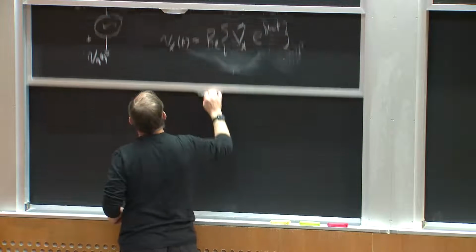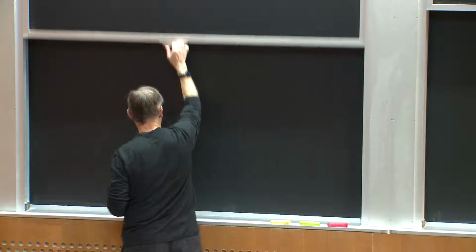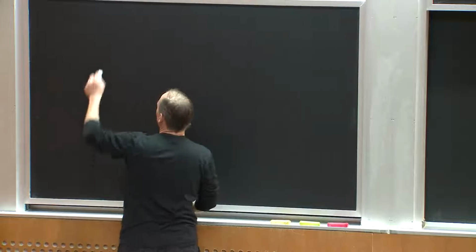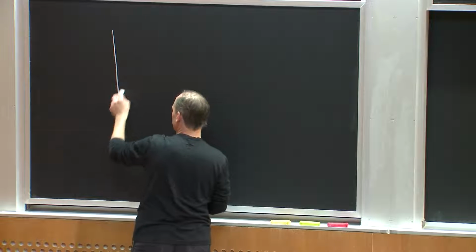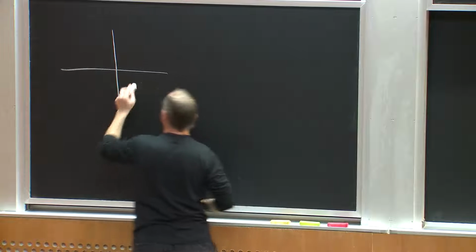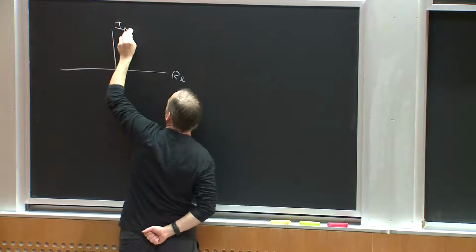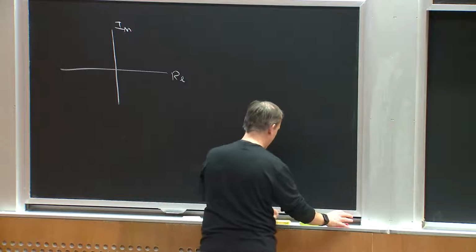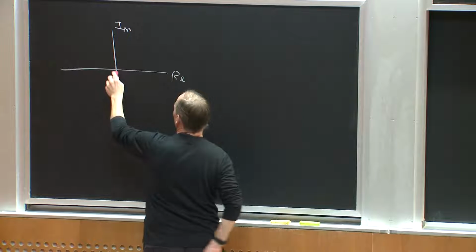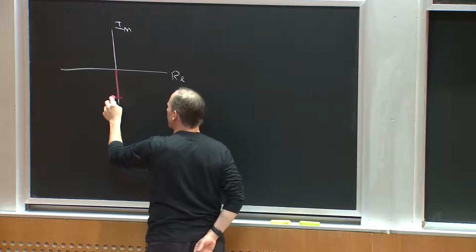And if we draw that on a phasor diagram, what I might get is something like this. I'll put it in the complex plane, with the real axis and the imaginary axis. VA hat will look like this, since it's a sine.